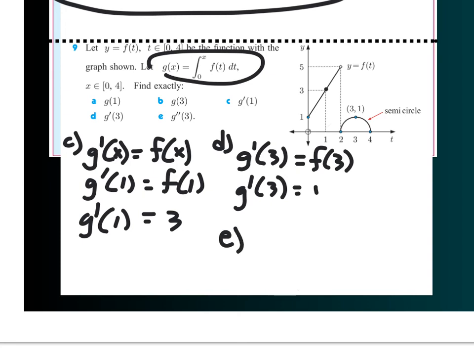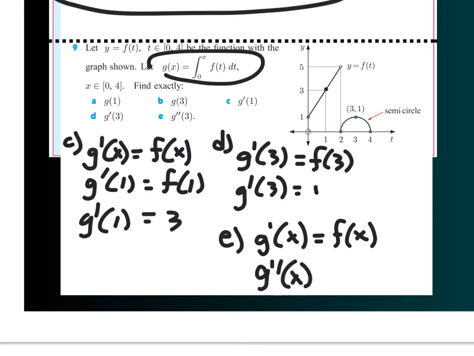Okay, how about g double prime of 3? Well, g double prime of x, hold on, let's redo this. How about g prime of x? g prime of x equals f of x. So g double prime of x would equal the derivative of f of x. That just means the slope of f of x at a given point.